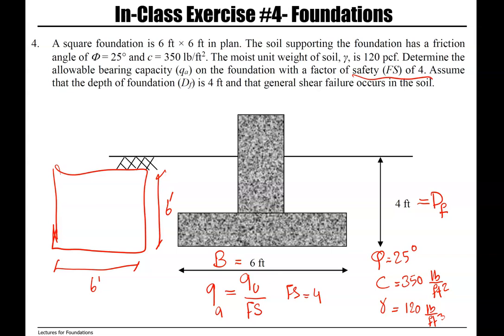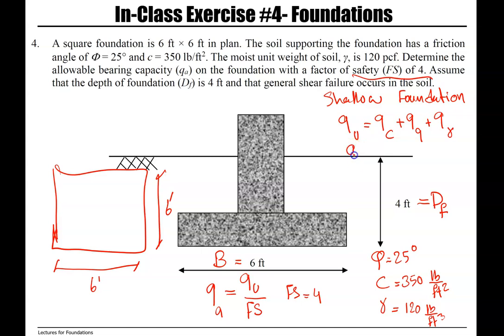So the first thing that we need to do for shallow foundation, this is an example of a shallow foundation, and we want to find ultimate bearing capacity, which is coming from the strength as a result of cohesion, surcharge, and weight of soil.